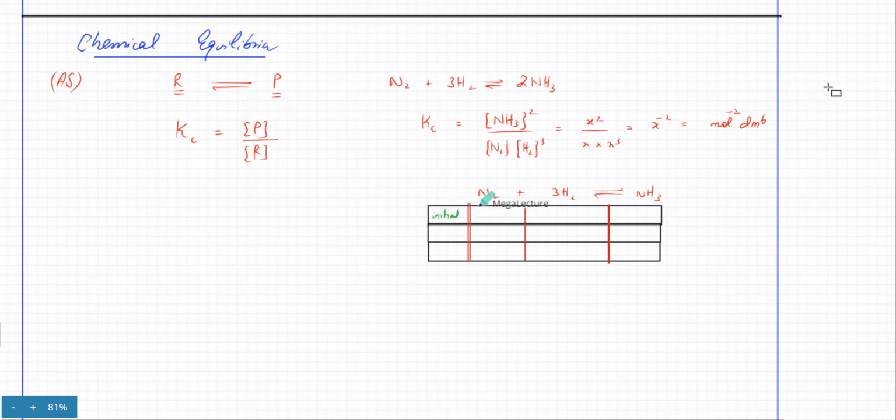So let's say initially 0.8 moles of N2, 0.8 moles of H2 and 0.6 moles of NH3 are added into the container.